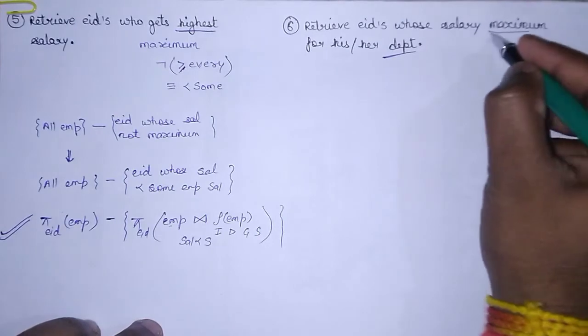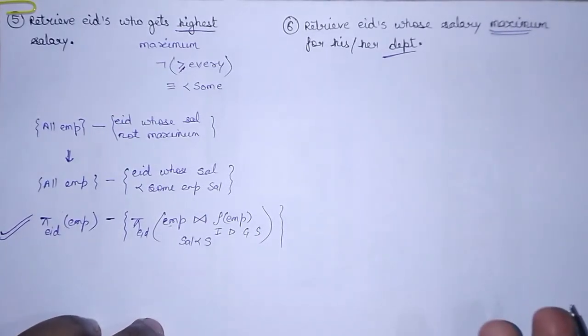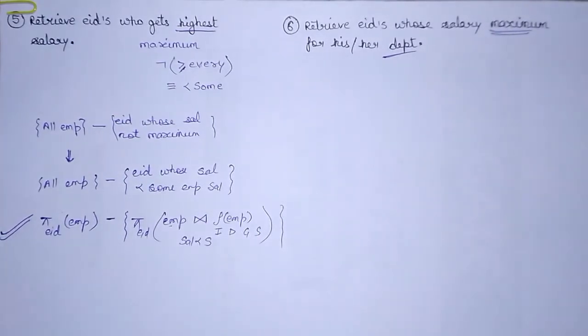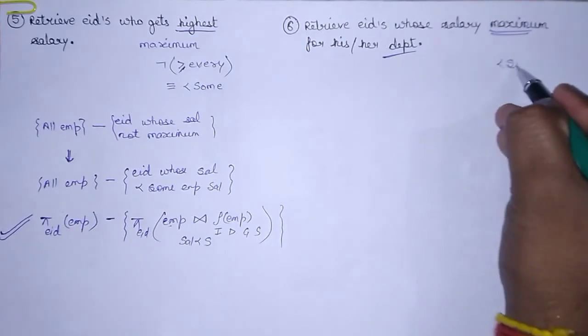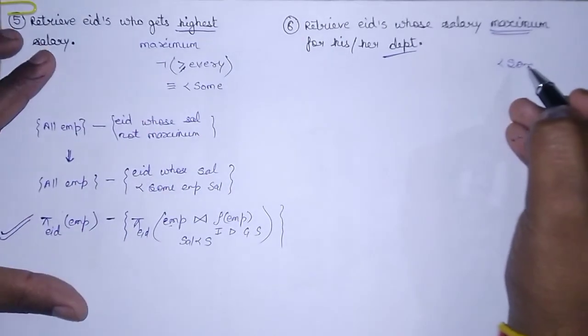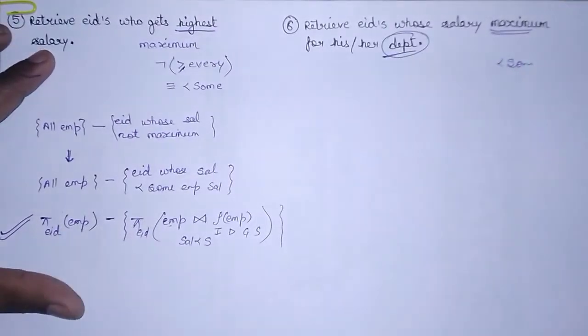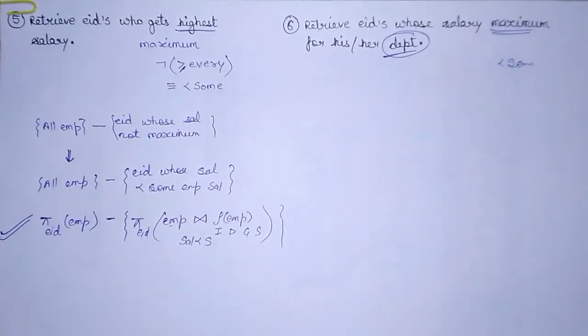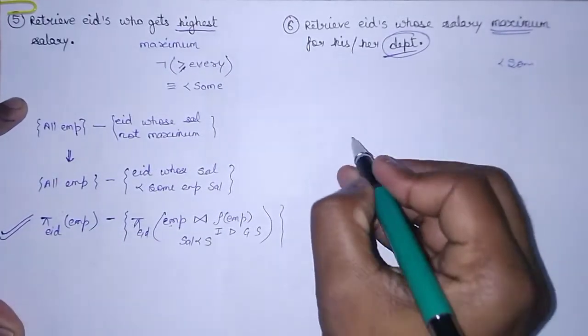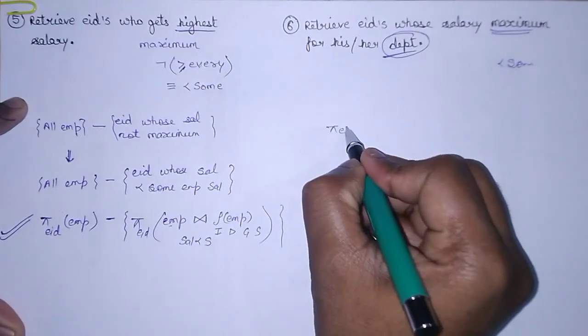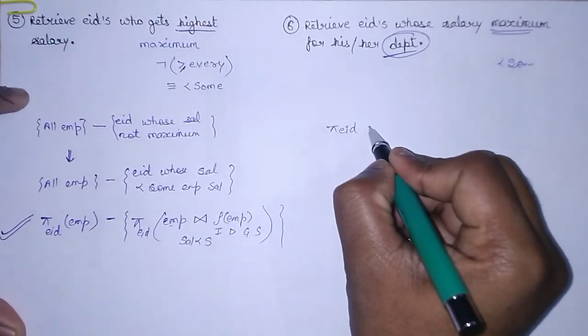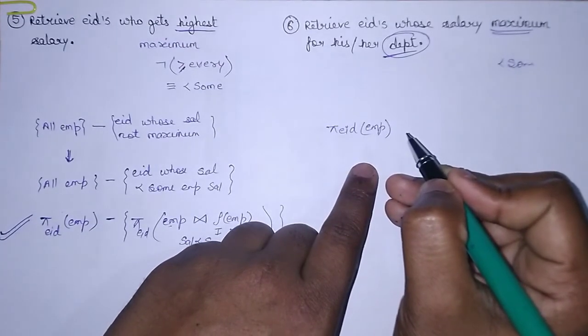Here also we are talking about the maximum, so we have to complement it, and when we complement it, it will be less than some, again like this. The only difference is here we are taking the same department. So what will be happening, this will be the same as this. That means first of all we have to project the employee ID from the employee table. This will give you all the values.